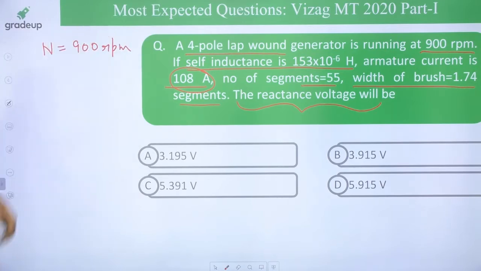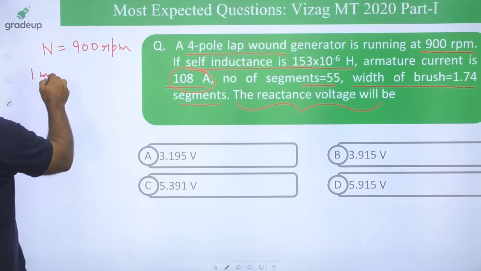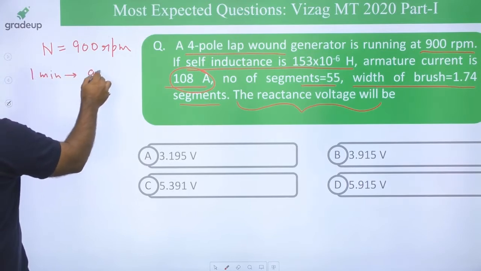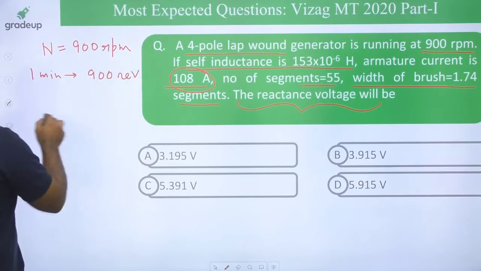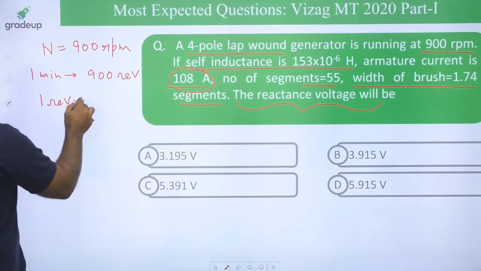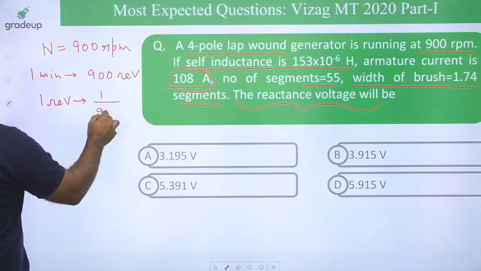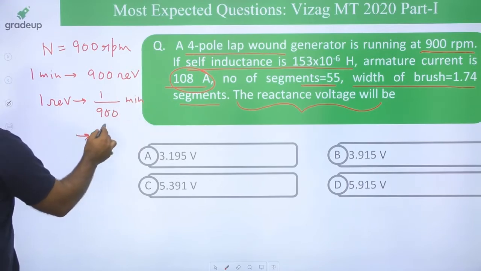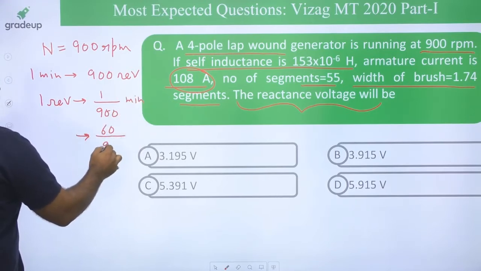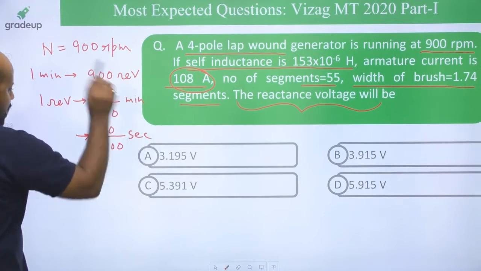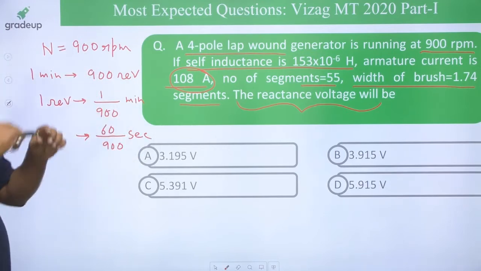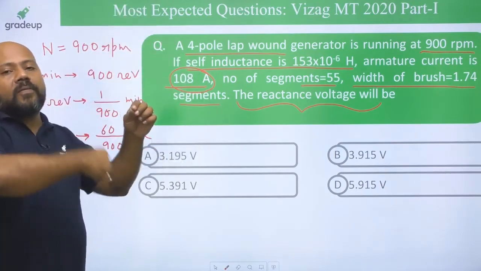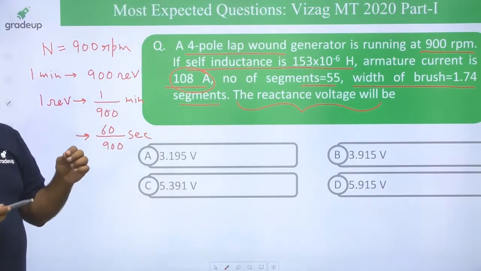Revolution per minute. It means in 1 minute it is making 900 revolutions. So what is the time for one revolution? It is 1 upon 900 minutes. If you want it in seconds, you can multiply it by 60. This is the time for one complete revolution of the armature.